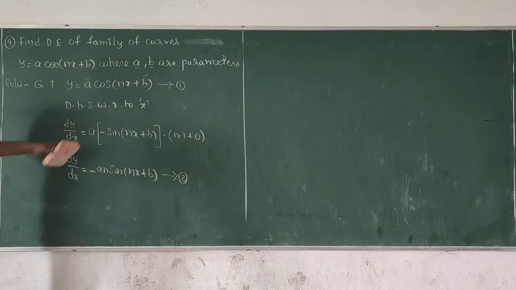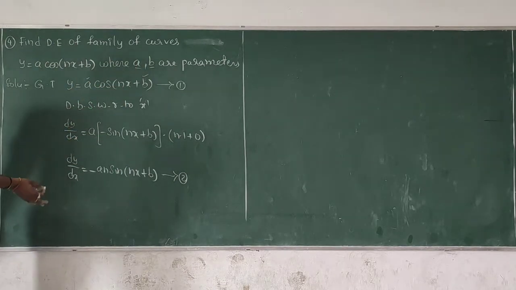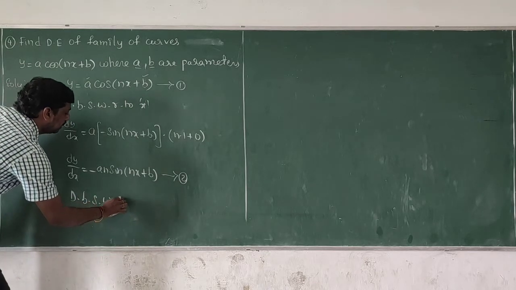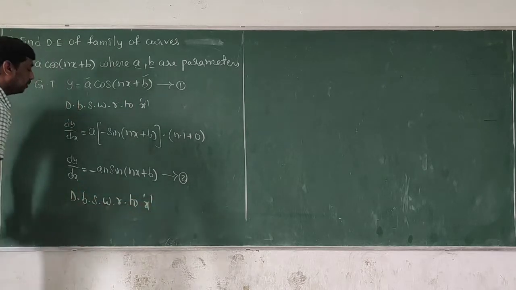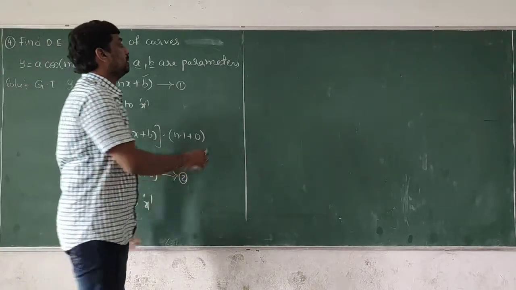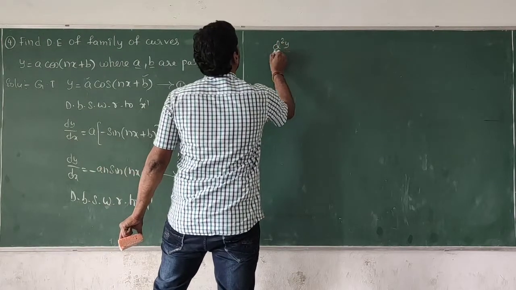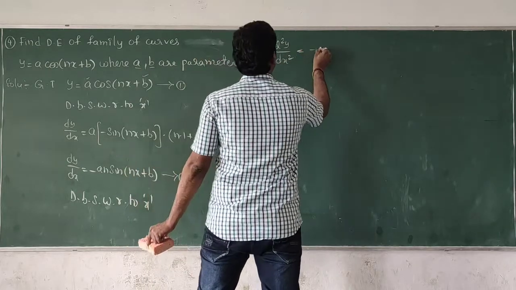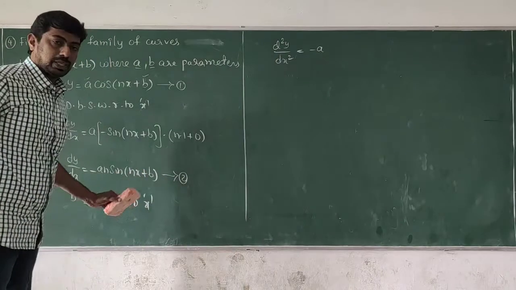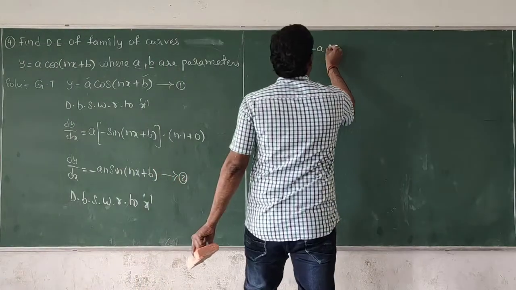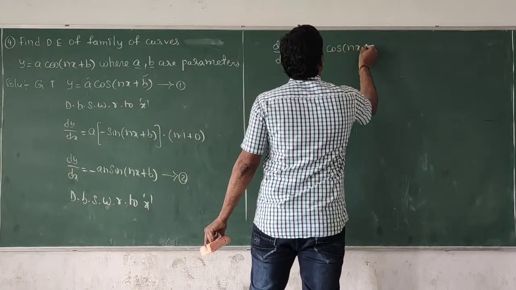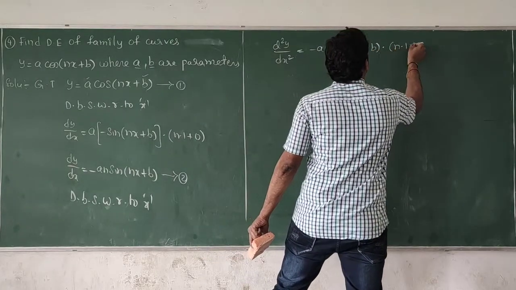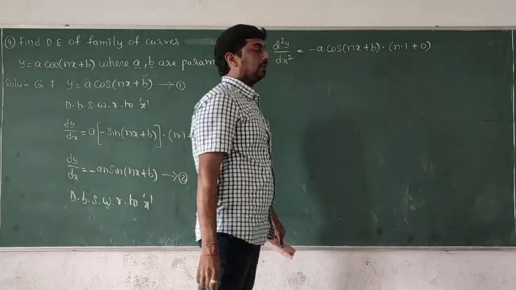So we have 2 parameters, n and a. That's why again differentiate both sides with respect to x. Derivative of dy by dx with respect to x is d square y by dx square. d square y by dx square equal to minus a into sin of nx plus b differentiation, cos of nx plus b, into internal function derivative, n into x derivative 1, constant derivative 0.